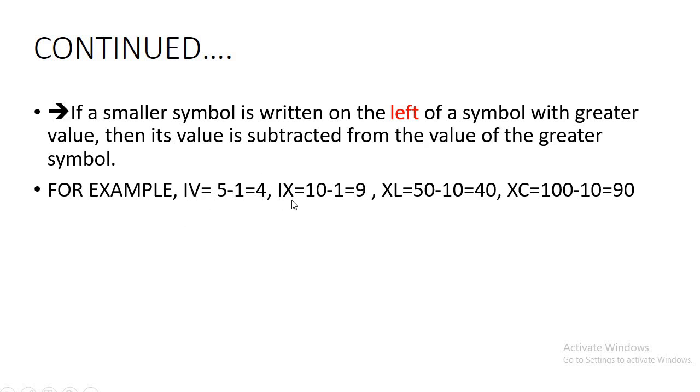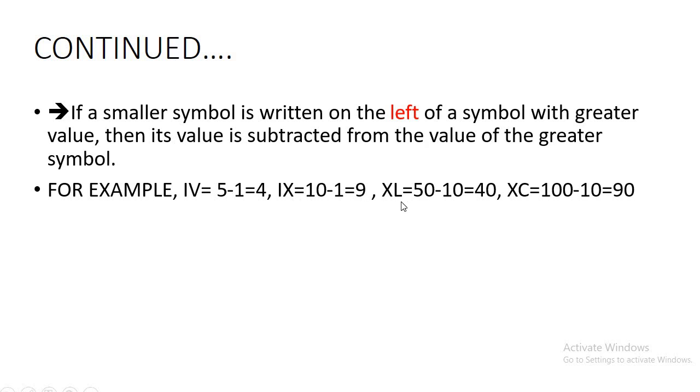Similarly, I to the left of X. Now X is the larger symbol, I is the smaller symbol, so the value becomes 10 minus 1 equals 9. As X represents 10, I represents 1. So as I is present to the left of a larger value, it is subtracted. So 10 minus 1 gives you 9.